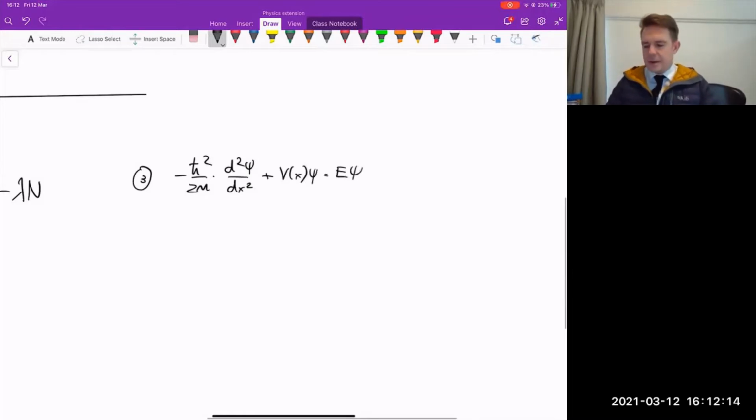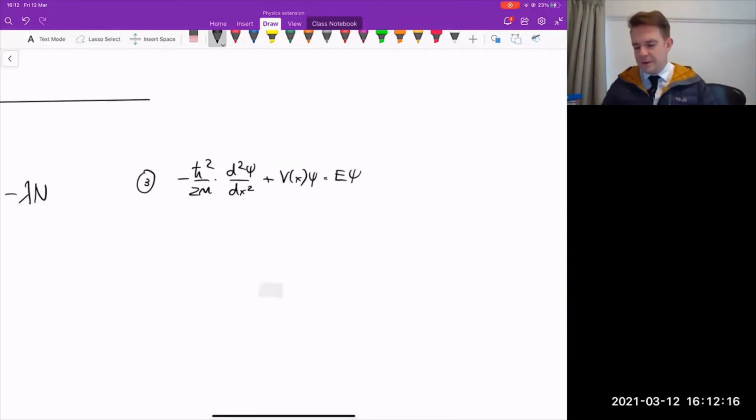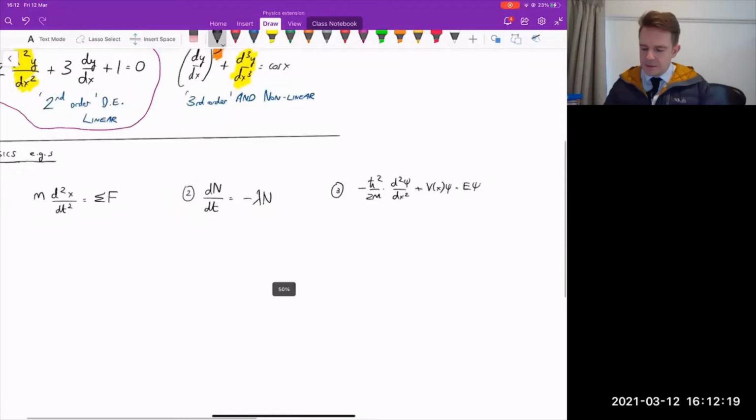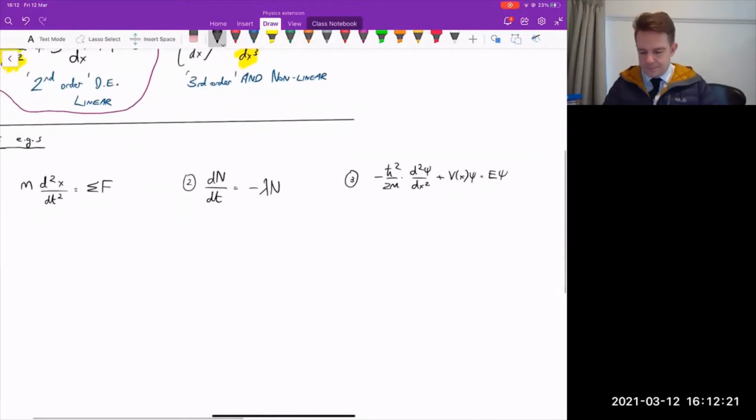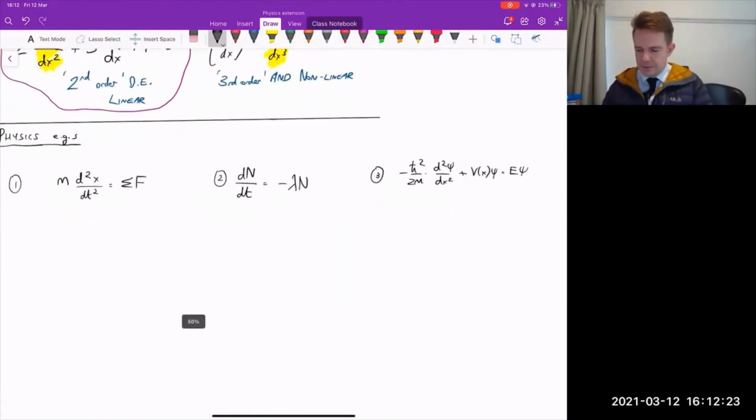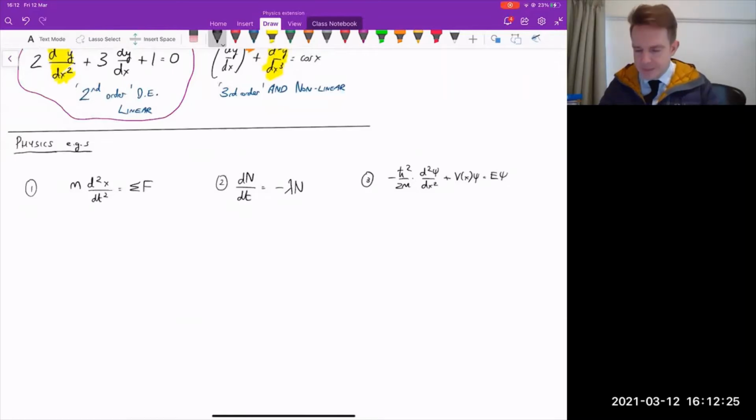All right, the Schrodinger equation. Okay, so those are three differential equations which you come across in physics. There are loads more, but those are three ones that spring to mind.